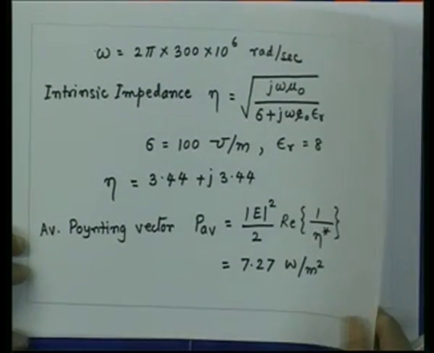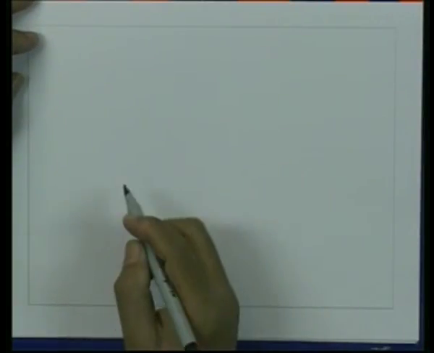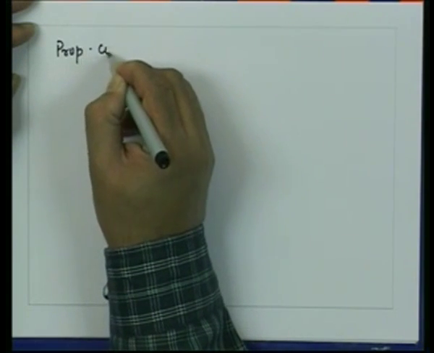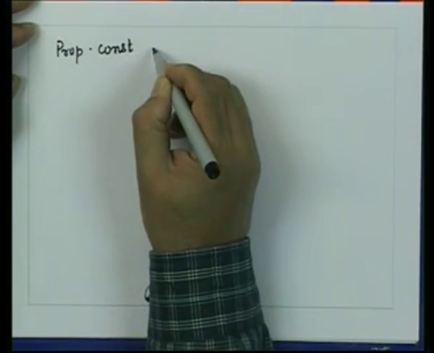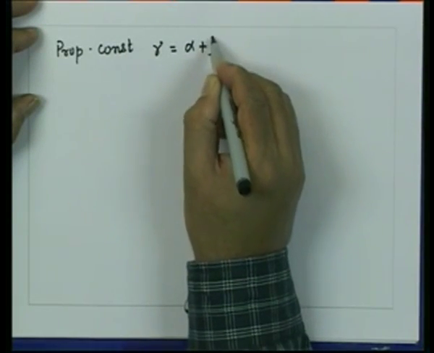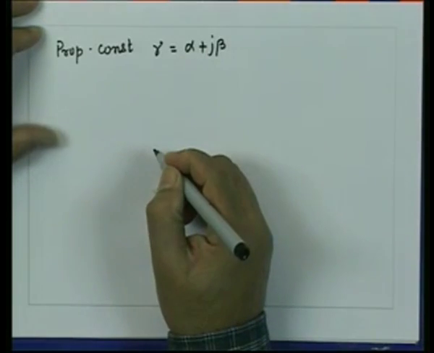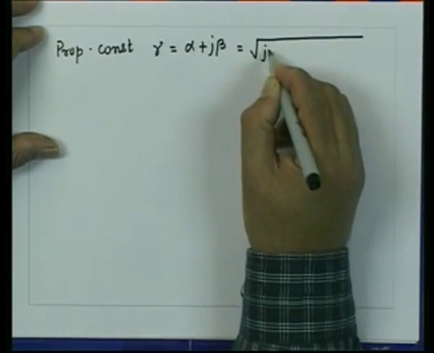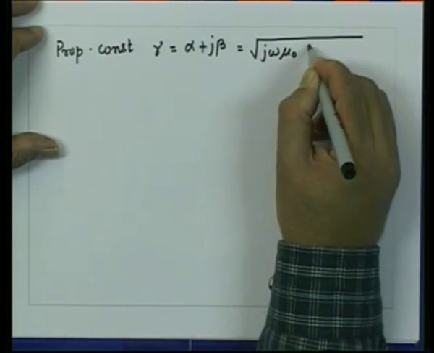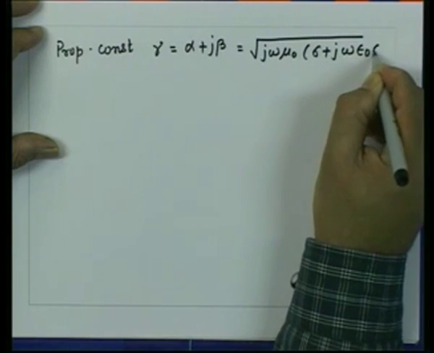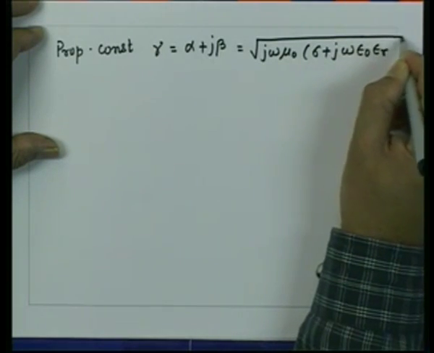To find now the electric field at a distance of 1 centimeter, we require the propagation constant. So, we get the propagation constant gamma, which is alpha plus j beta, and that is equal to square root of j omega mu 0 into sigma plus j omega epsilon 0 epsilon r.